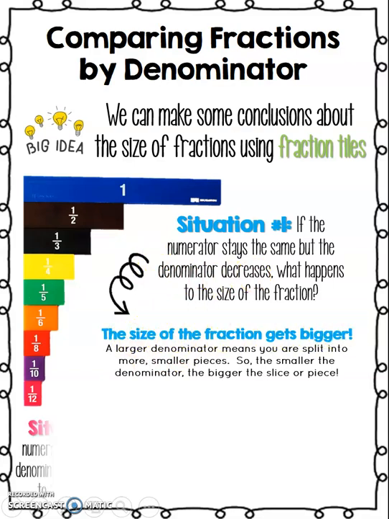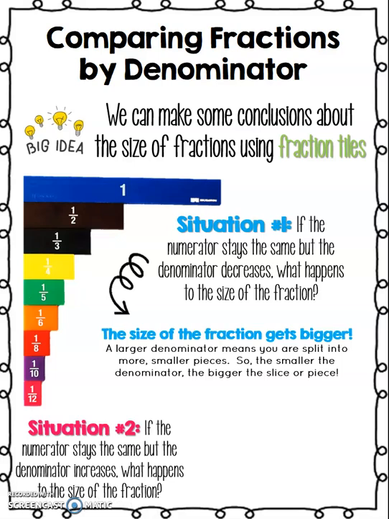I could also look at another situation. What if the numerator still stays the same, but now the denominator increases? This time I'm moving down my row of fraction tiles because I want that denominator, the number on the bottom, which tells us how many pieces make up one whole, to increase or get bigger.